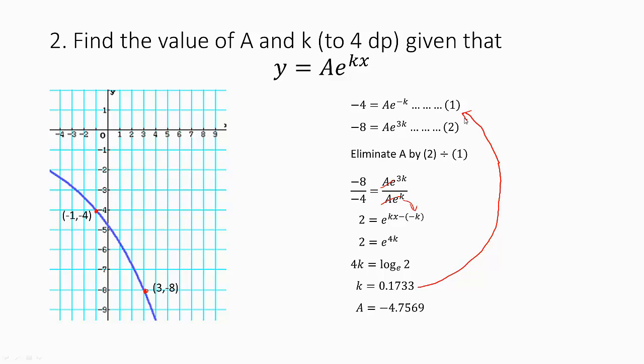And that gives us the equation of that particular graph: y equals minus 4.7569 e to the power of 0.1733 times x.